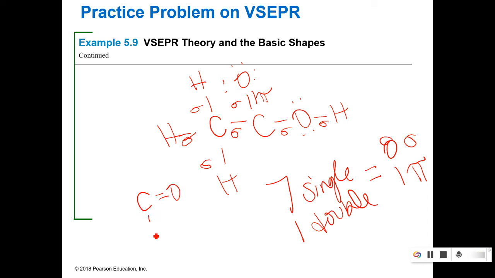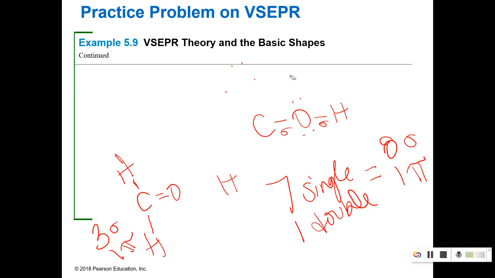Okay, if I had something like this, I've got 3 sigma and 1 pi. So for these bonds, sigma and pi, you do have to count every single bond, not just type of bond. Like a double counts for 2 things. A triple, let me erase these.